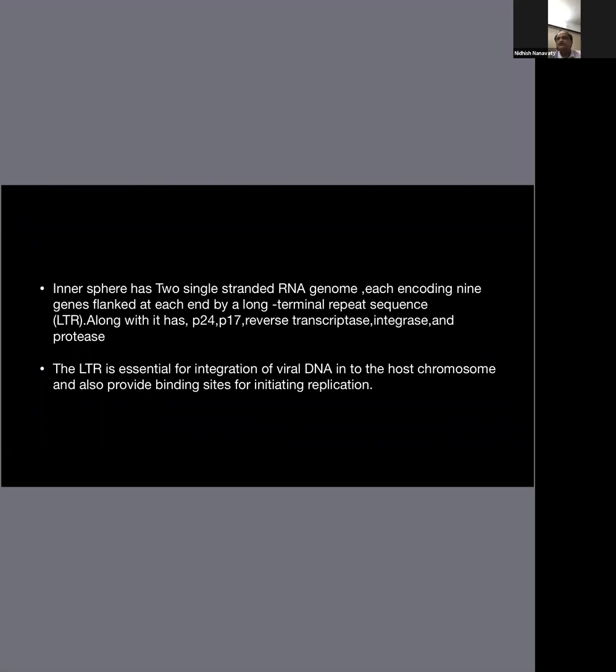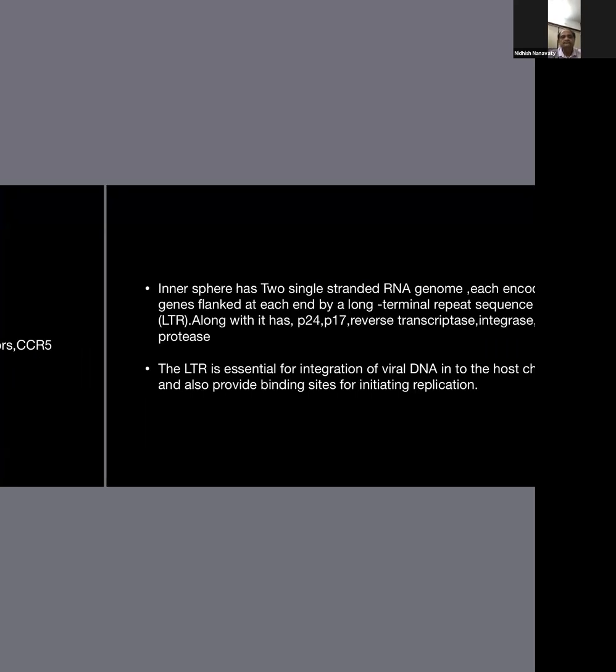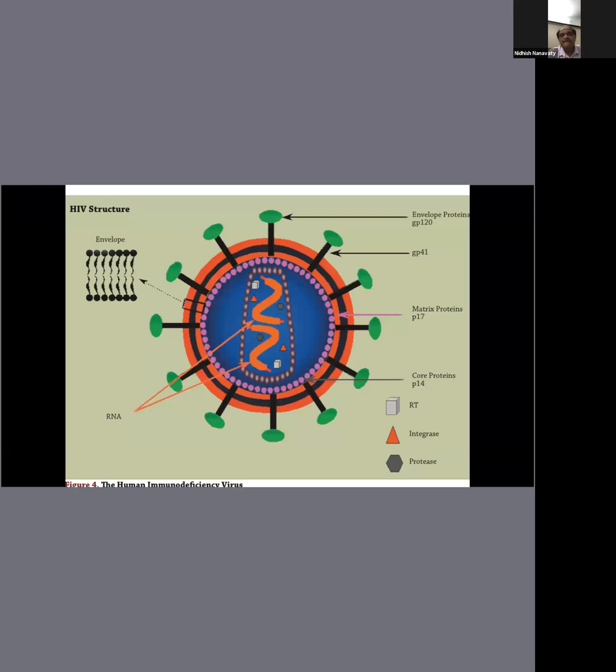Inner sphere has two single-strand RNA genome, and each encoding 9 genes flanked at each end by a long terminal repeat sequence. Along with it, it has P24, P17, reverse transcriptase, integrase, and protease enzyme, which you can see here.